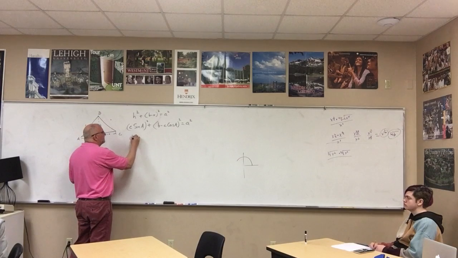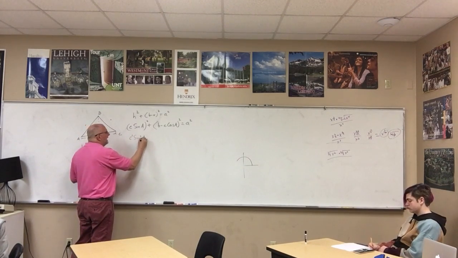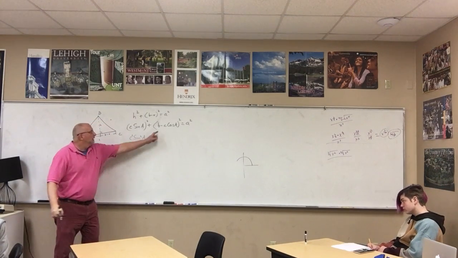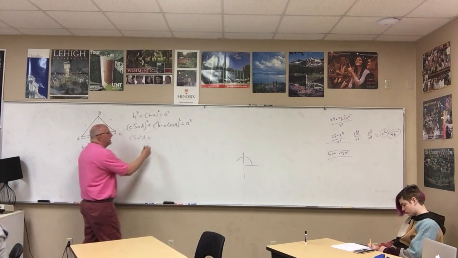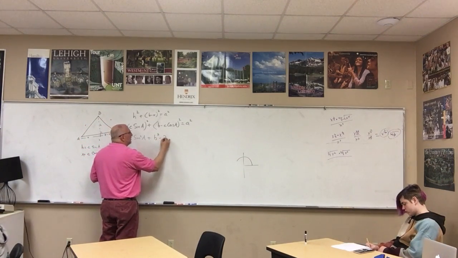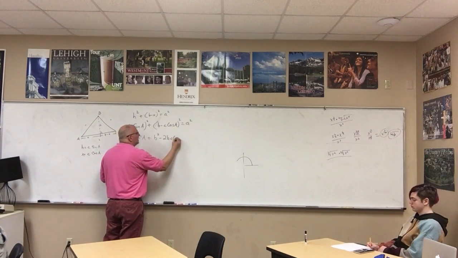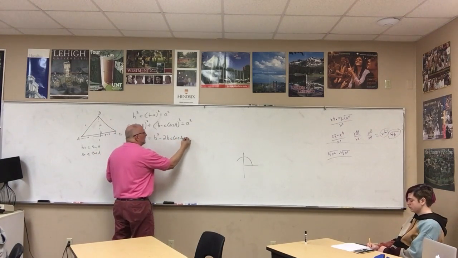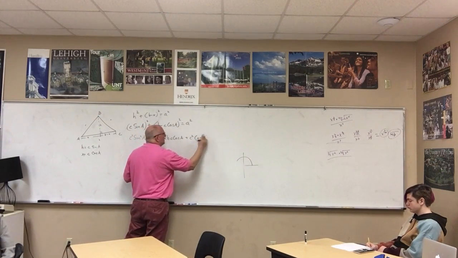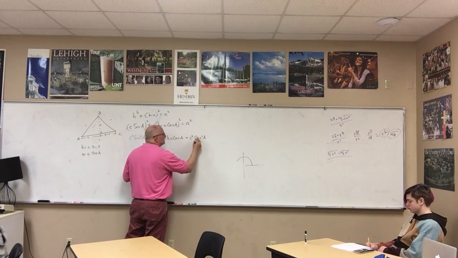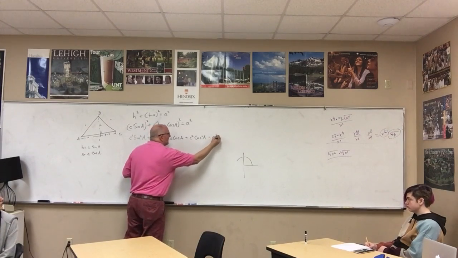This becomes c squared sine squared a plus, I'm going to FOIL this, b squared minus 2bc cosine of a plus c squared cosine squared a equals a squared.